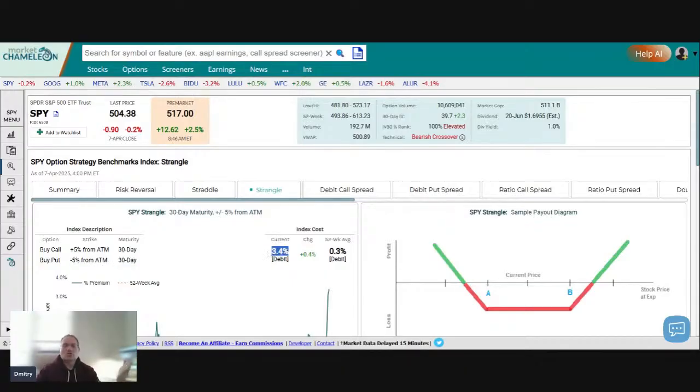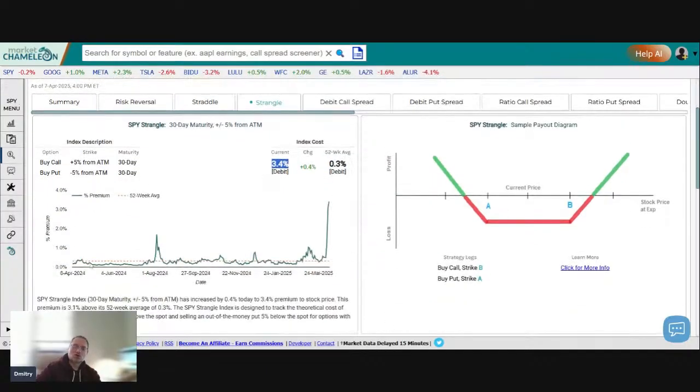Now, is that high or low, right? And when we say high or low, it has to be relative to something, right? Like, how do we figure high relative to what, or low relative to what? So first we look at the 52-week average. So on average, you could see it was much lower, 0.3%. So now we're at 3.4%.